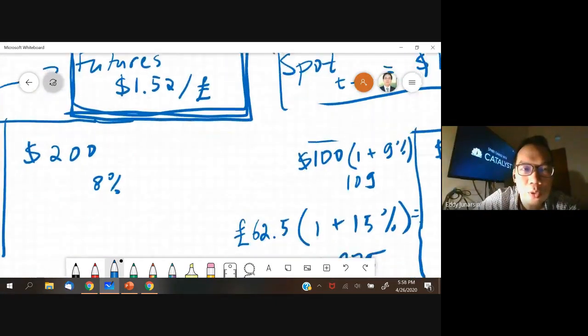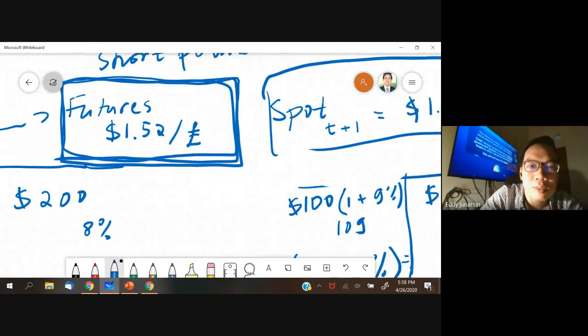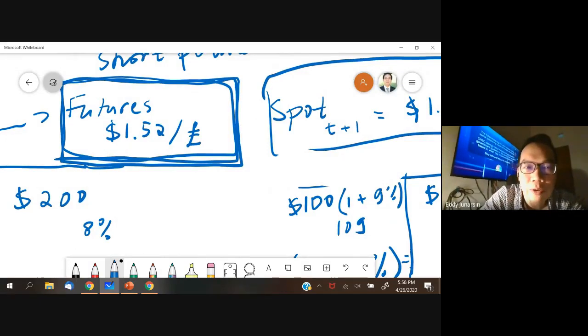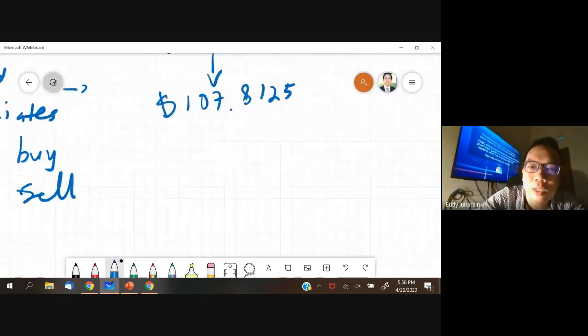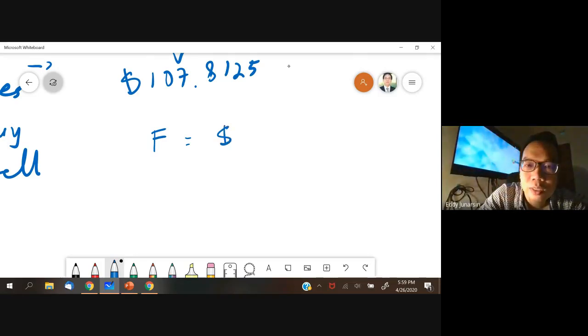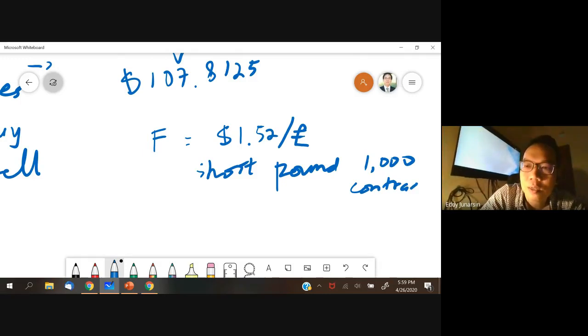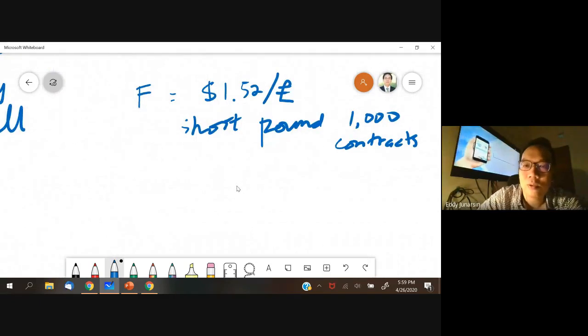So how much could you sell according to the contract? It's 152 per pound, right? So let's calculate now how much you could sell. The 1 year futures rate was 152 per pound, and you short pound, and the size was 1,000 contracts. So you could sell it at how much?